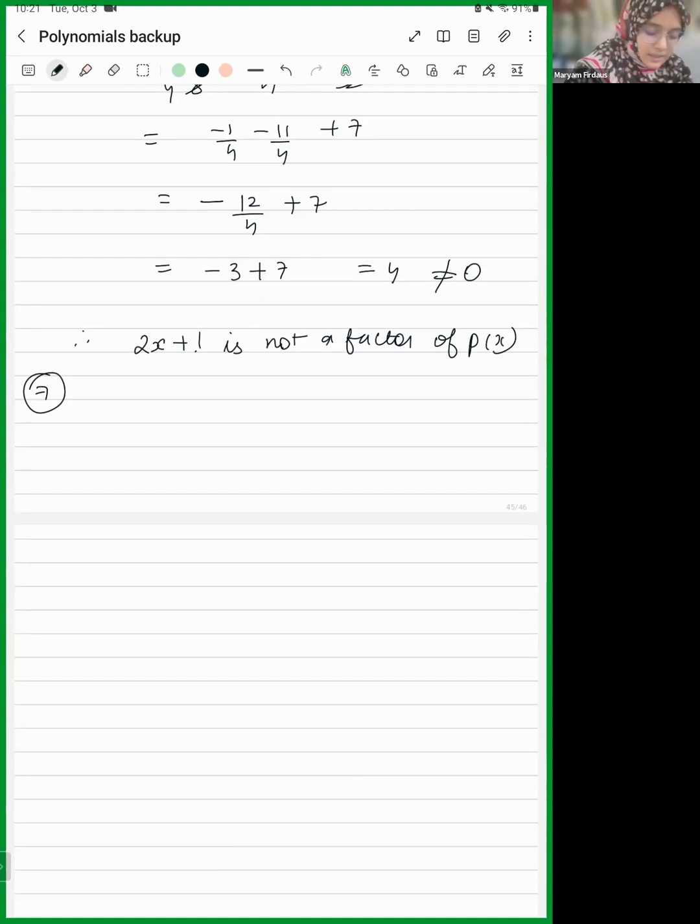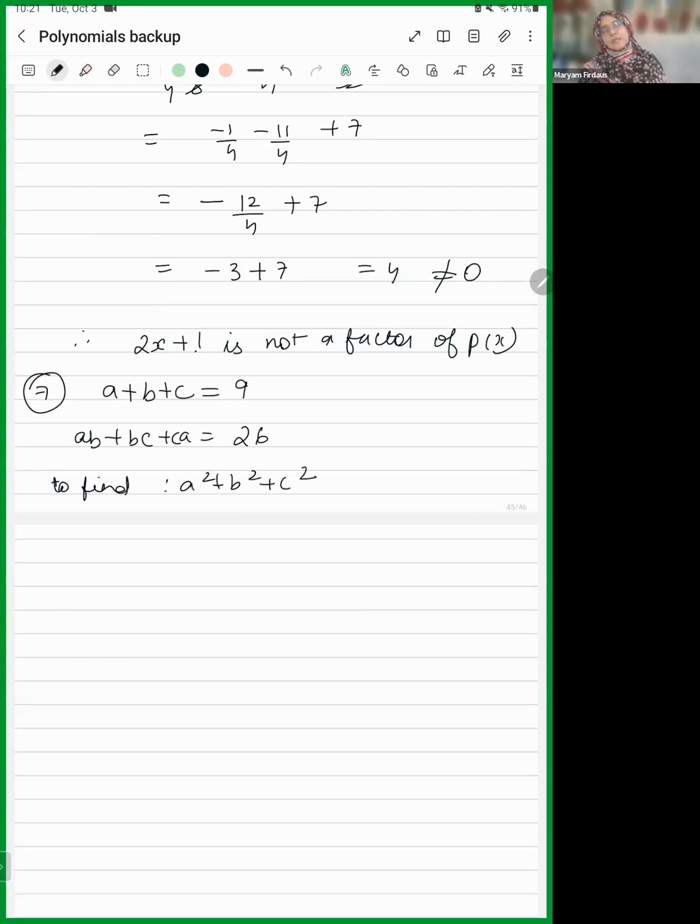So they are saying, now listen very carefully here, a plus b plus c is 9 and ab plus bc plus ca is 26. You have to find a square plus b square plus c square. Do we know of any such identity which has a plus b plus c, ab plus bc plus ca, and a square plus b square plus c square also?